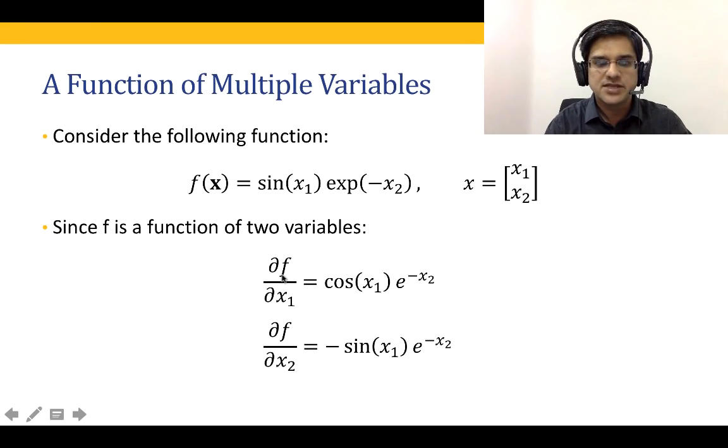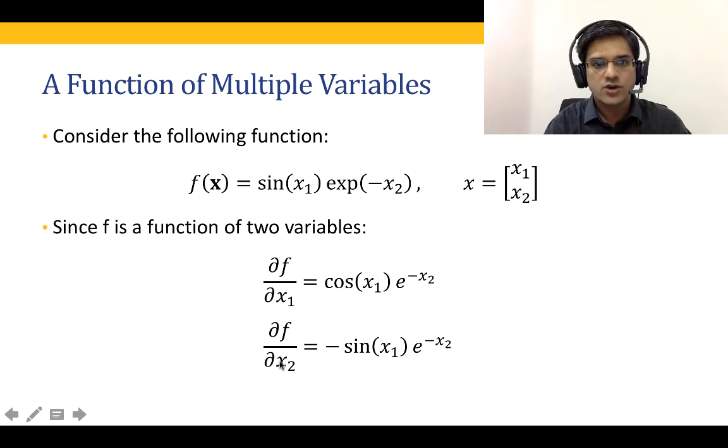Partial differentiation means dou f by dou x1 keeping x2, x3 and so on constant, dou f by dou x2 keeping x1, x3, x4 and so on constant, and so on and so forth. Okay, so that is the definition of partial derivatives. In order to calculate dou f by dou x1, we hold x2 constant and vary our x1.